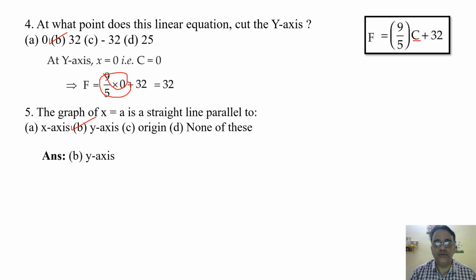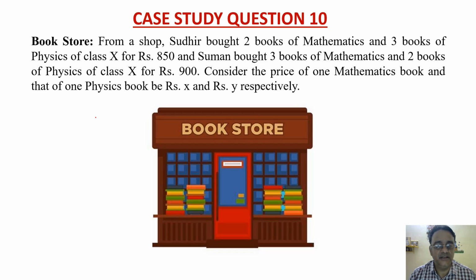So now we are moving toward the last case study, question number 10. Bookstore: from a shop, Sudhir bought 2 books of mathematics and 3 books of physics of class 10th for rupees 850, and Suman bought 3 books of mathematics and 2 books of physics of class 10th for rupees 900.